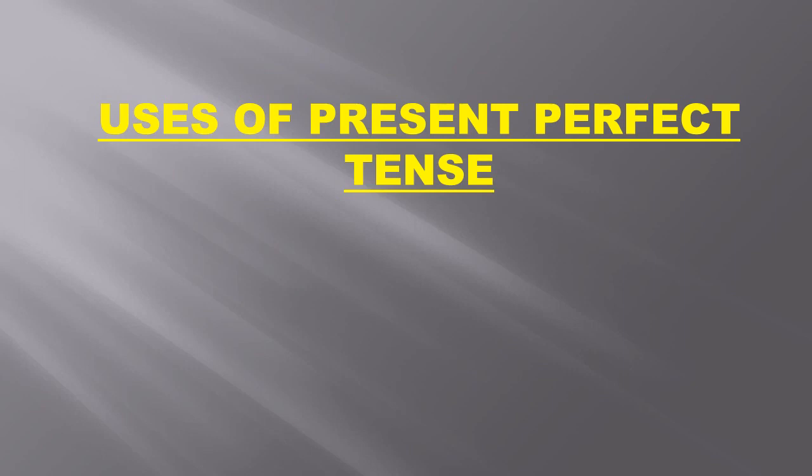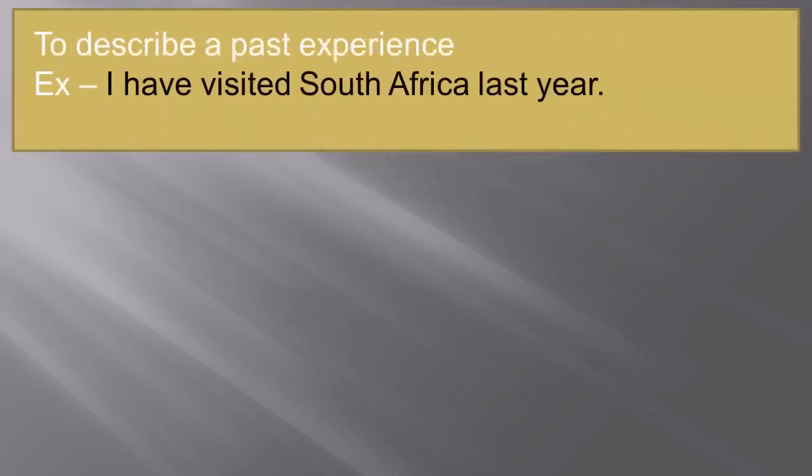Now comes the uses of present perfect tense. So present perfect tense is used to describe a past experience. For example, I have visited South Africa last year. So to describe any kind of past experience that we had, we use present perfect tense.